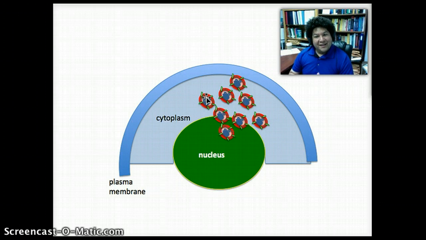So now here is a representation, very cartoonish, of a bunch of baby viruses. We're going to call those virions, and eventually they will be released from this cell into the bloodstream, at least for the viruses we're going to be discussing here.